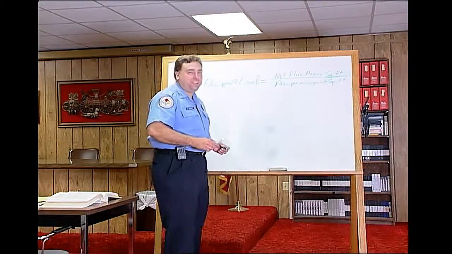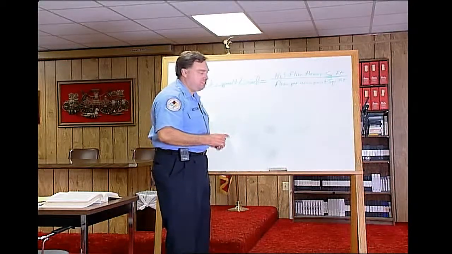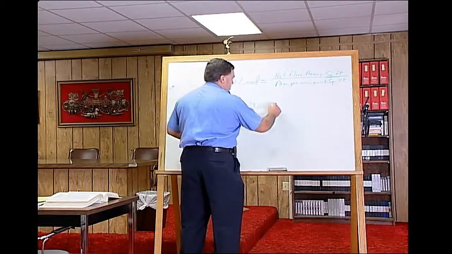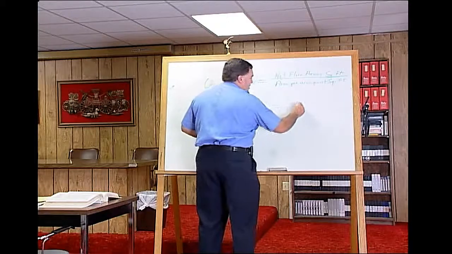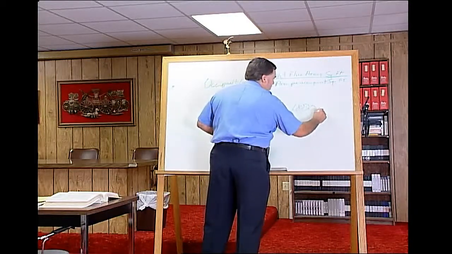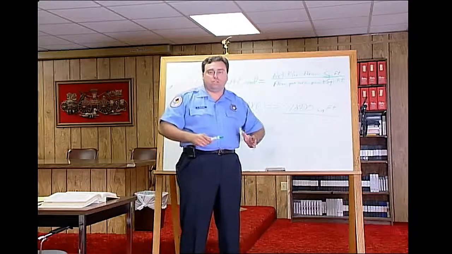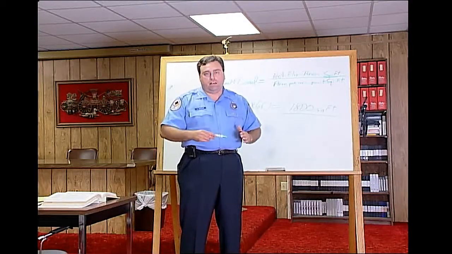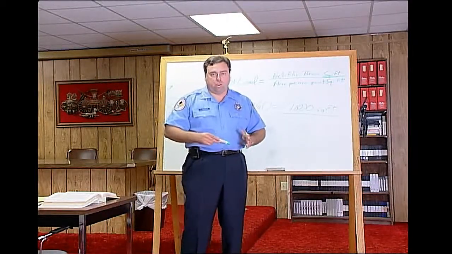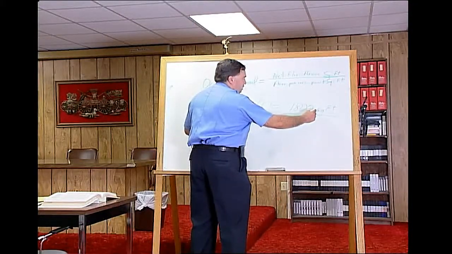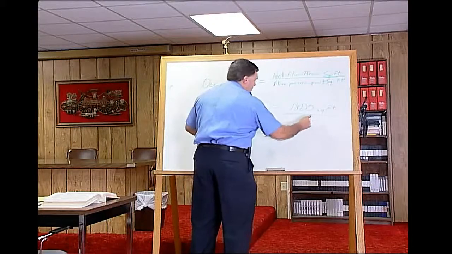We've determined that this area that we're talking about is 30 by 60 feet, which gives us 1,800 square feet. The building code tells us that we can only allow 15 square feet per occupant. So we divide the net floor area by 15.